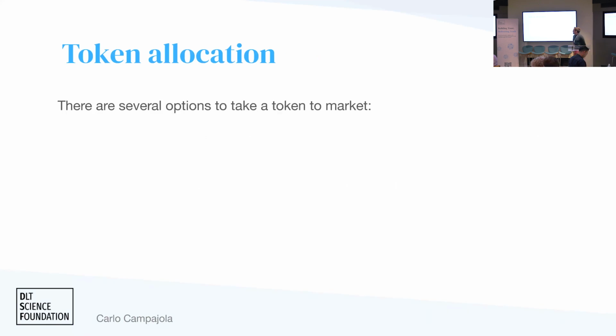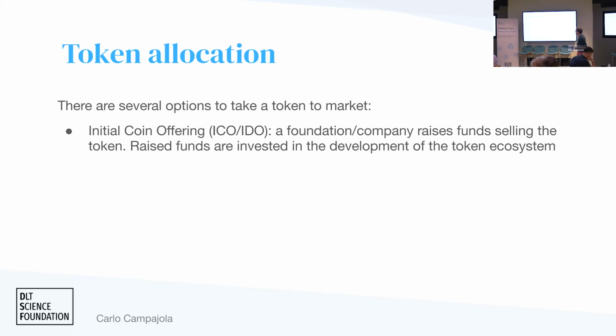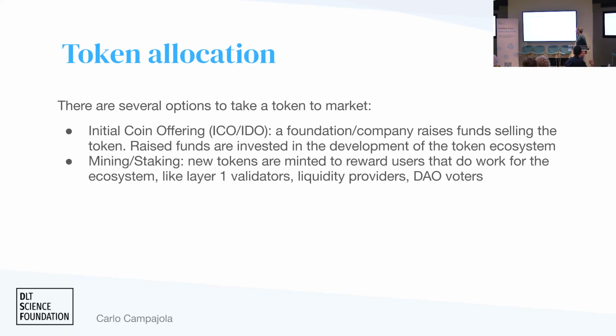Token allocation. There are several options with which you can allocate your token within the economy and take it to market. There is, of course, the ICO or IDO, initial coin offering, where a foundation or a company raises funds by selling the token, and then these funds are used to develop the protocol and the token ecosystem. Then you may have mining, just like for layer ones, you have mining or staking.